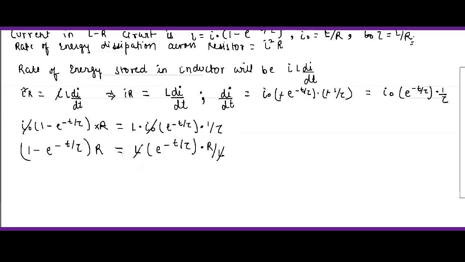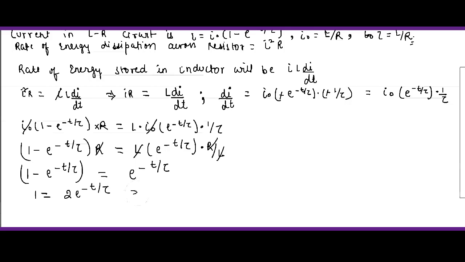So this L and this L get cancelled out, this R and this R get cancelled out, so the equation becomes 1 minus e to the power minus t by tau is equal to e to the power minus t by tau. Fine. So again it's simple: 1 is equal to 2 into e to the power minus t by tau.